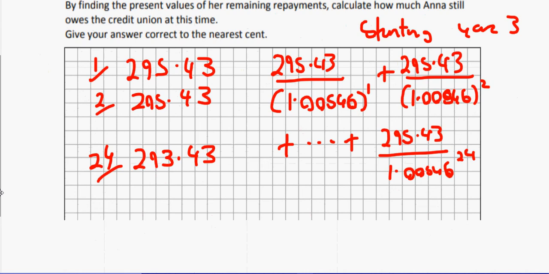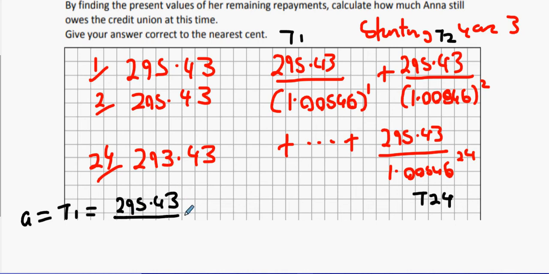Now this is a series, okay? If you take this series, that's T1, that's T2, and this is T24. So your A value is T1, and T1 is €295.43 all over 1.00546.